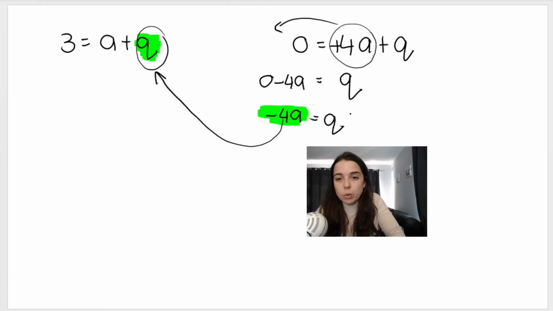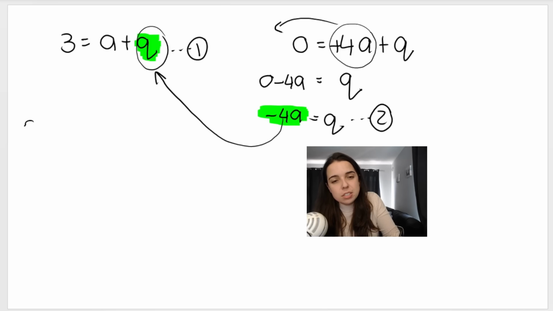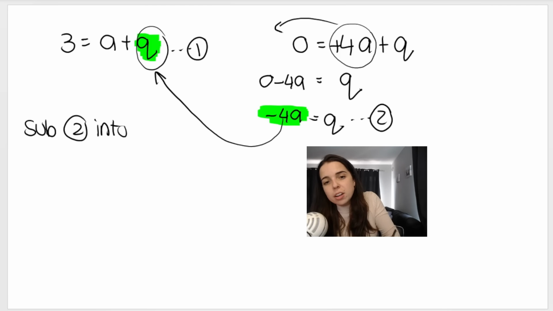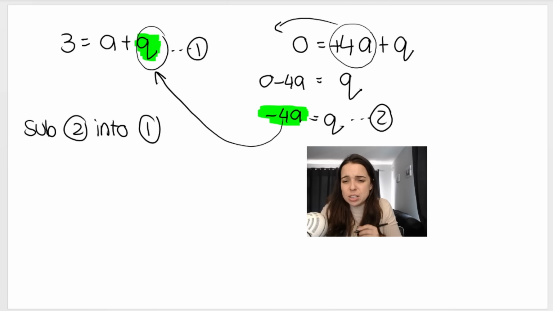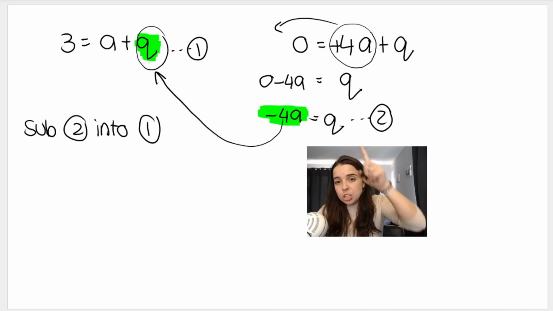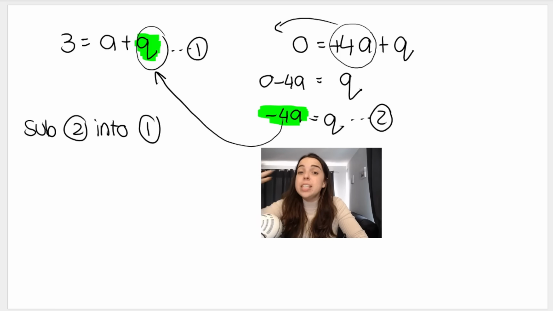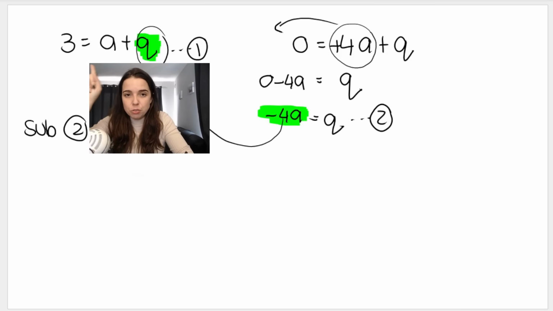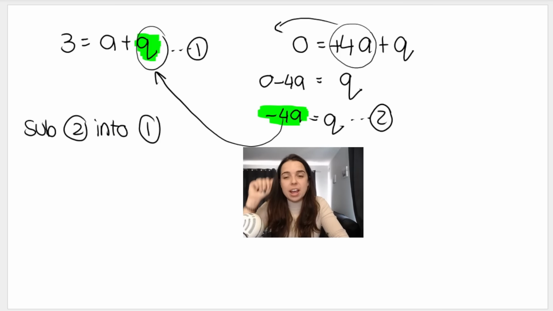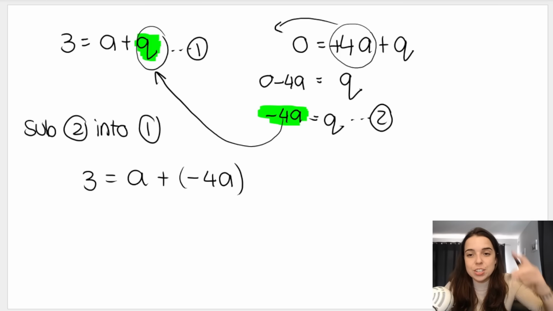Basically, if this is your equation number 2 and this is your equation number 1, I'm substituting number 2 into number 1. This is not a sentence that you need to write. We don't care if you write it or not, but basically I'm taking whatever Q is equal to. So I'm taking this stuff, -4A, which is equal to Q. And in the place of Q, I'm going to put -4A. So this is how it would look, just like that.